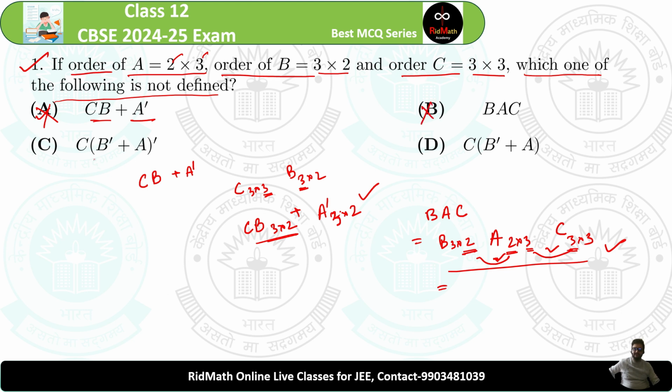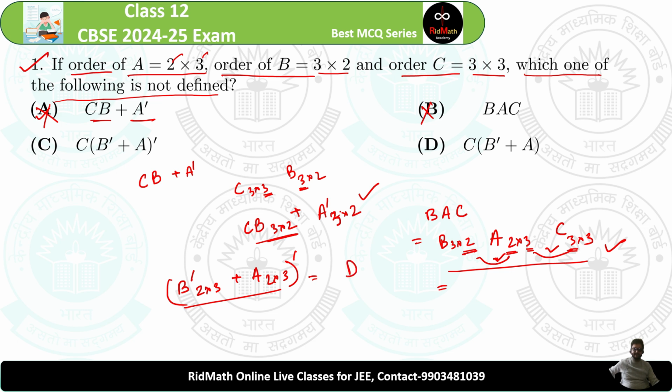Then C into (B transpose plus A) whole transpose. What is B transpose? B transpose is of order 2 cross 3, plus A is of order 2 cross 3. So this addition is well defined, and then the transpose.